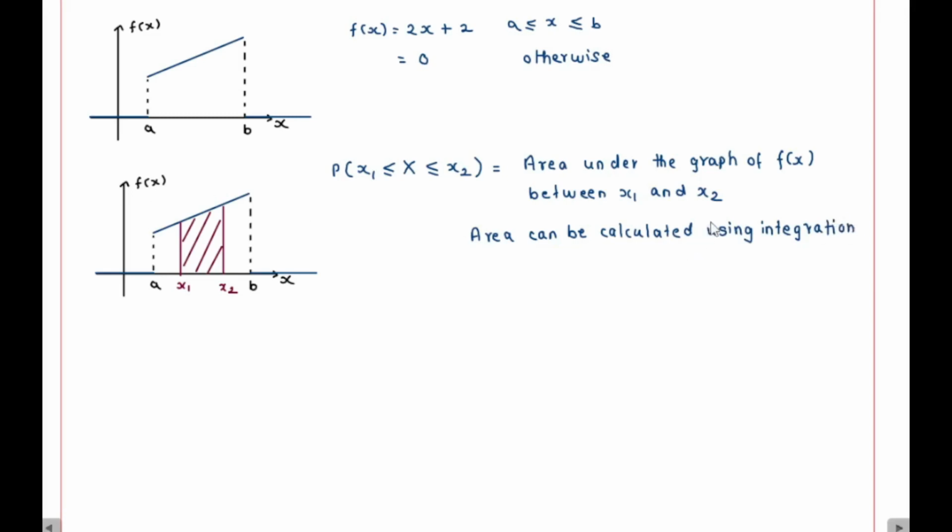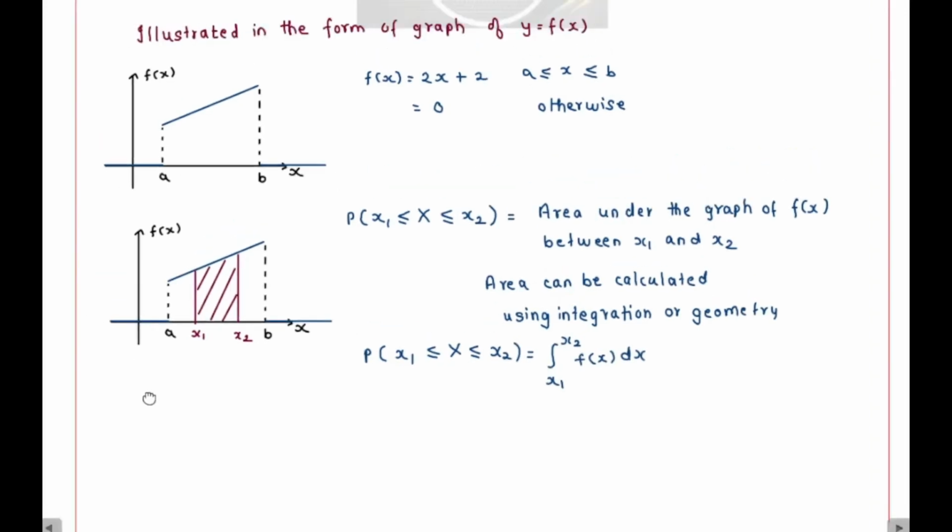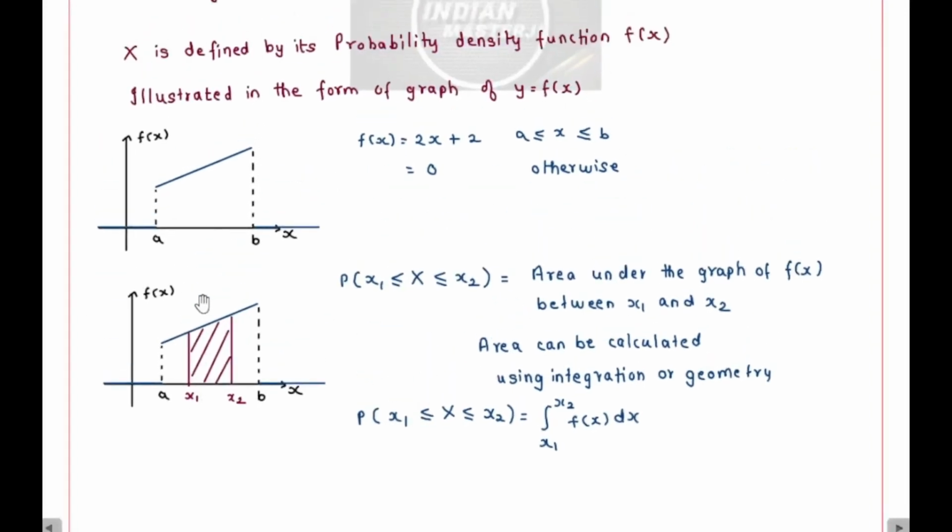We will see how we can use geometry also here. So the probability of x lying between x1 and x2 is equal to the integration of f of x when x varies from x1 to x2. Hope you have understood till here.